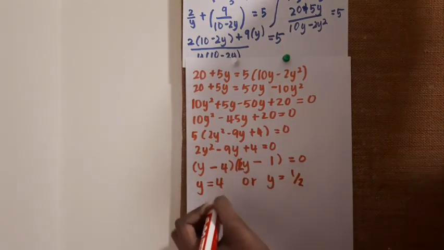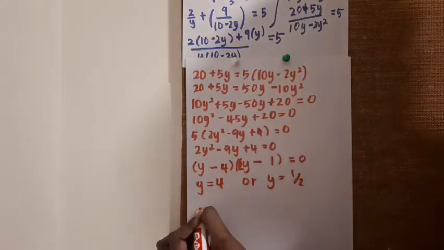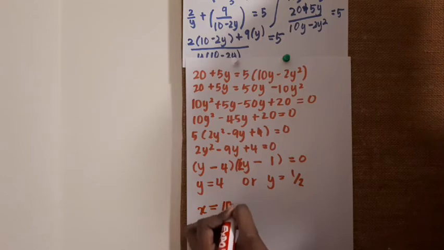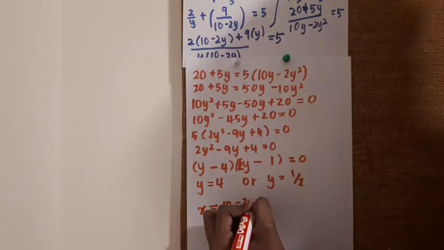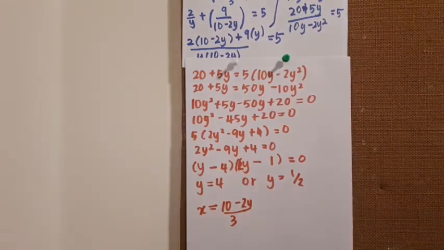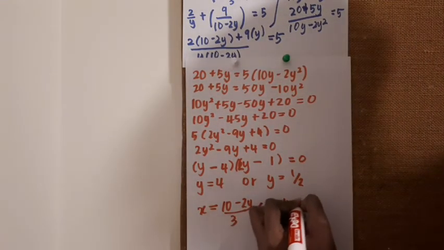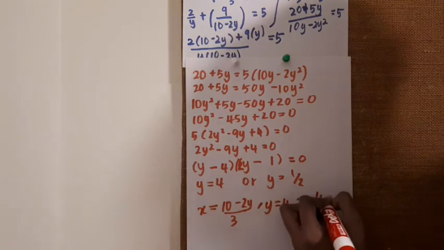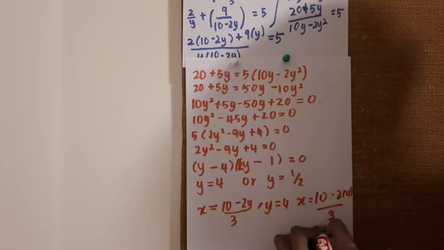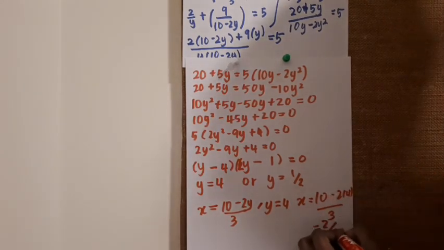And when y is 4, x is simply going to be, remember just now we constructed the equation where x is equals to 10 minus 2y over 3. So when y is equals to 4, x is simply going to be 10 minus 2 times 4 over 3, which is going to be 2 over 3.